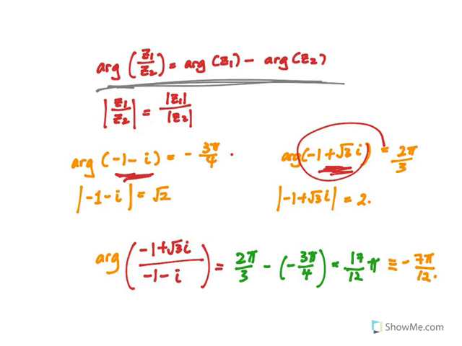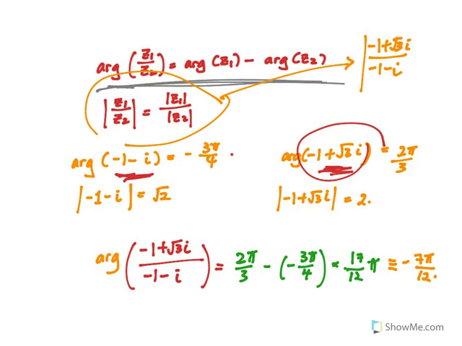And with that, also using this idea, we can say that the modulus of -1 plus square root 3i over -1 minus i is the same as the modulus of the numerator over the modulus of the denominator, which will turn out to be 2 over square root 2.